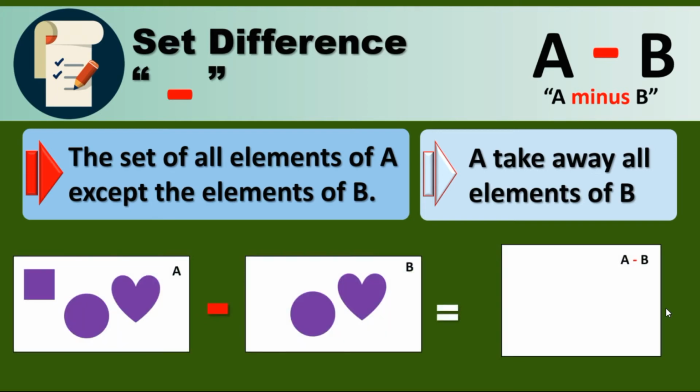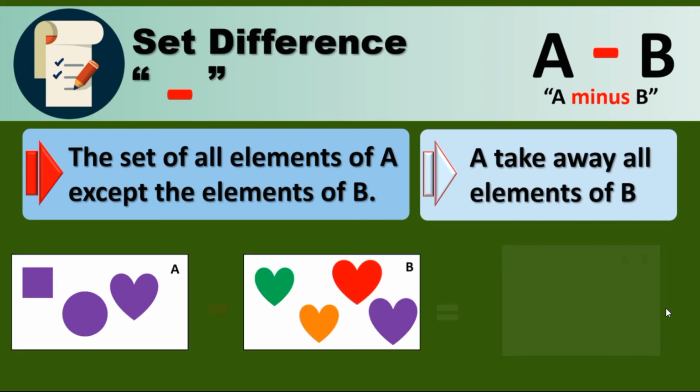Let's have here our previous set A, which contains square, circle, heart, minus set B, which contains circle and heart. Therefore, A minus B, when we take away B from A, what is left is square.